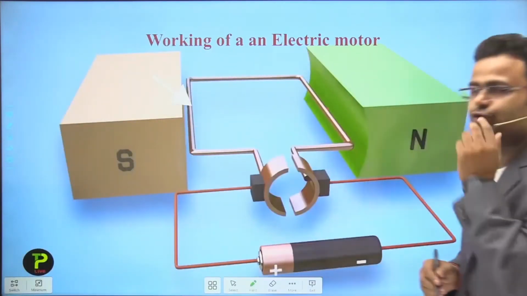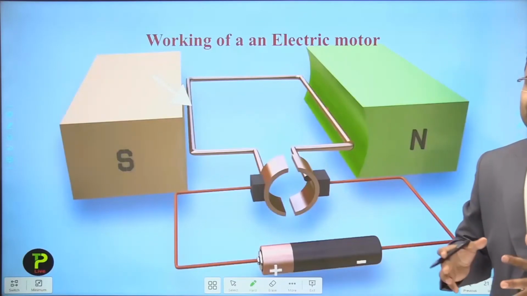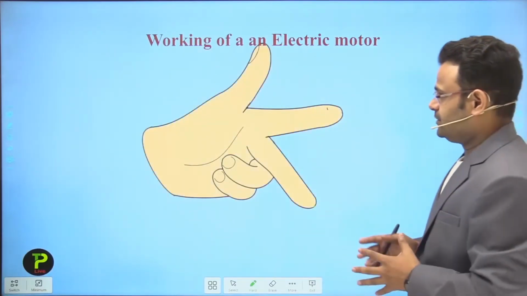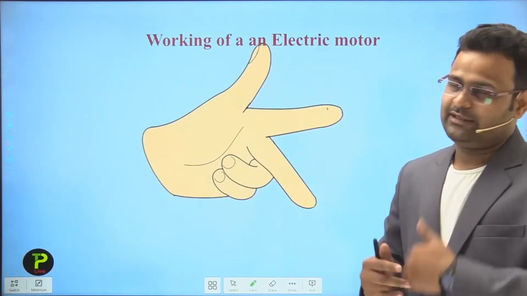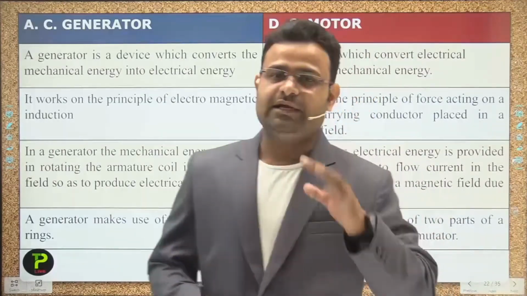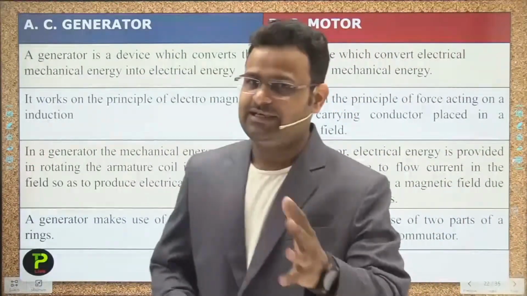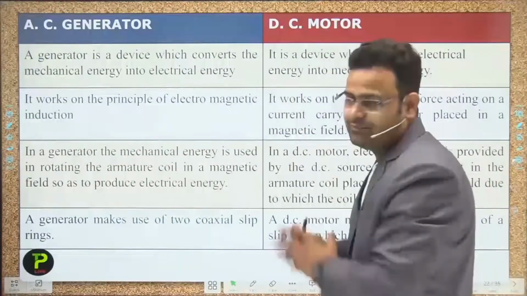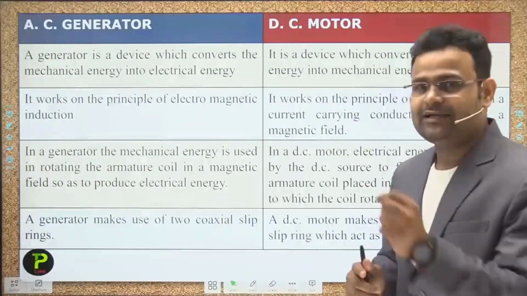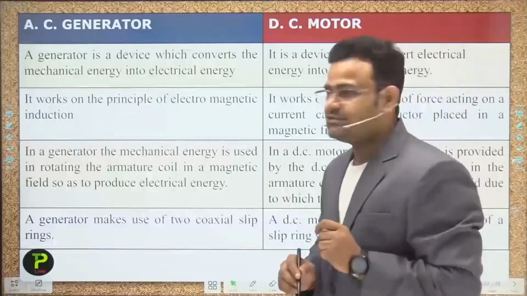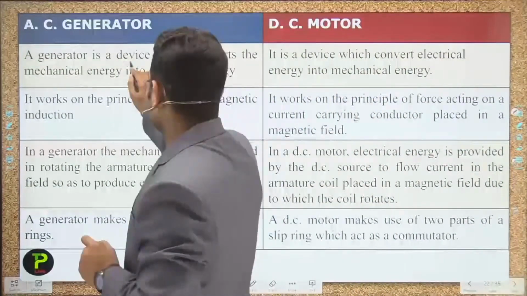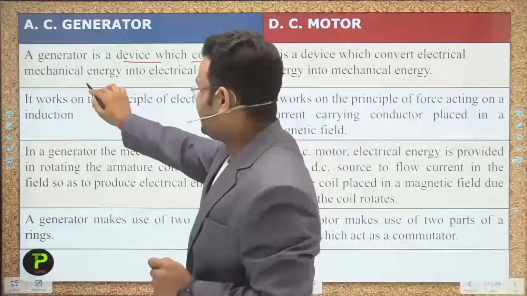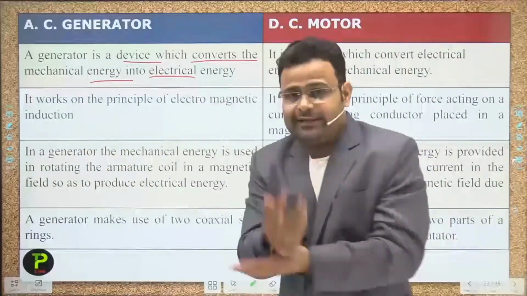So I hope you understand the working and how the work is completed by an electric motor. What is the difference between an AC and DC generator and motor? First point is that the generator is a device which converts mechanical energy into electrical energy.